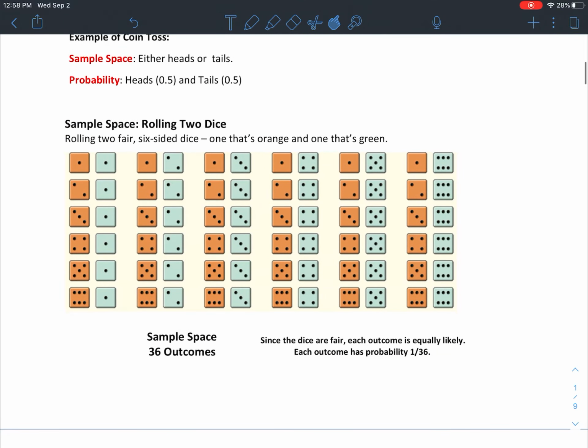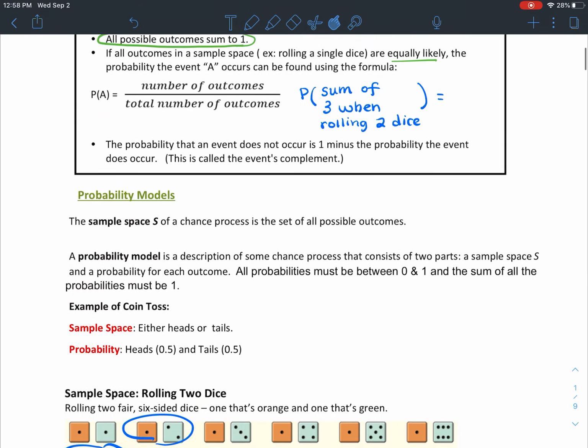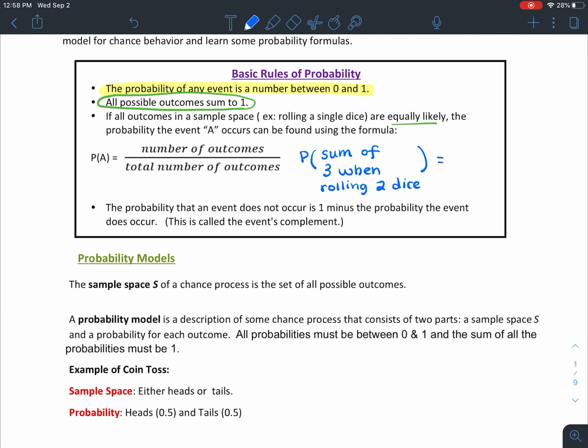And if we wanted to know the probability that when you roll 2 dice the sum would be 3, let's look down at our sample space here. It looks like here's one situation where the sum would be 3, if the orange die were 2 and the green was a 1, or if they were reversed the other way. There's another scenario where the sum would be 3.